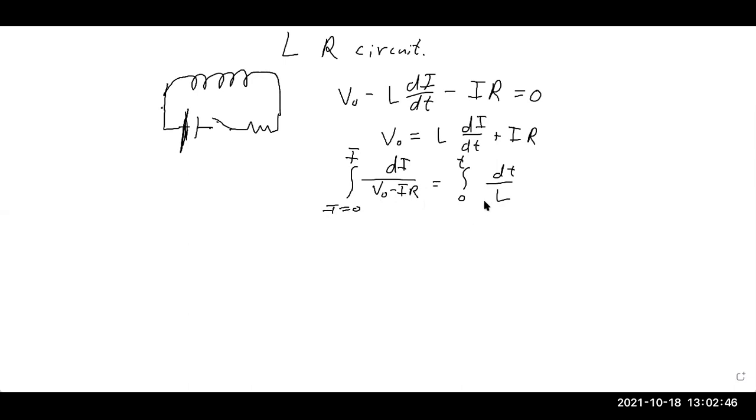The right side is simple, it just turns into t over L. And the left side is similar to a 1 over x integral, but there's some extra bits.